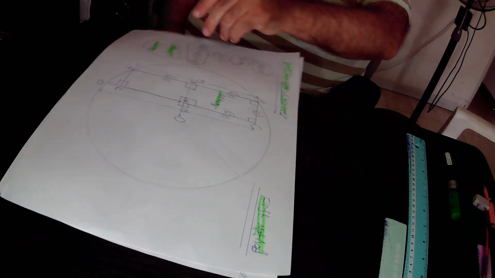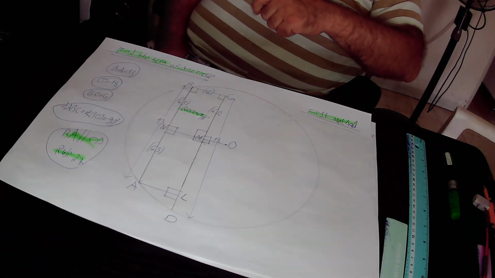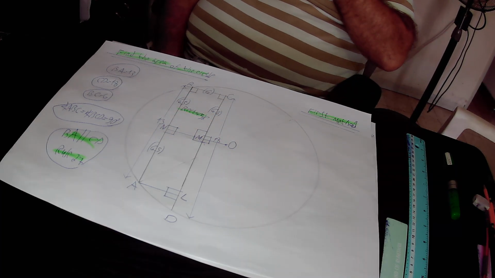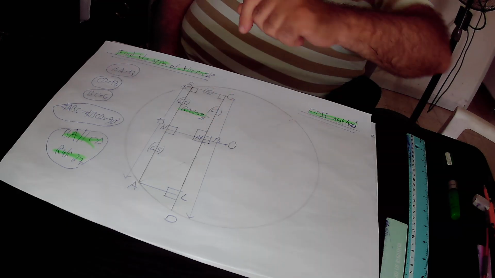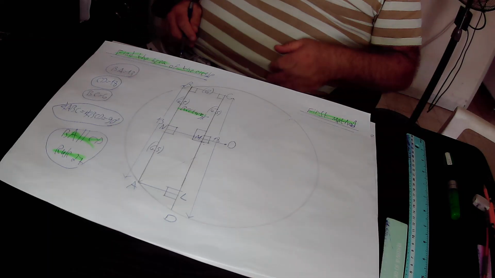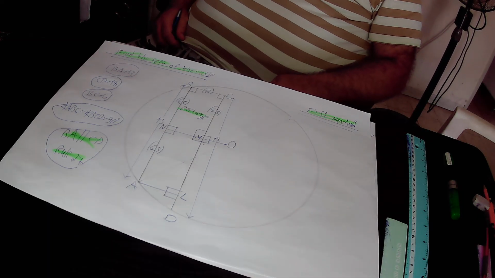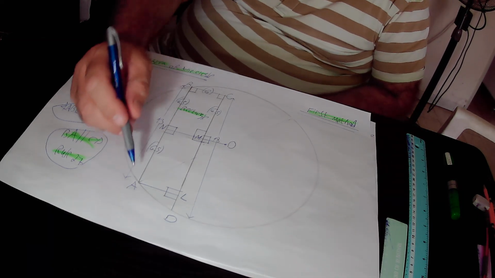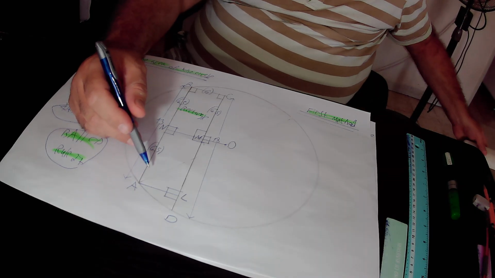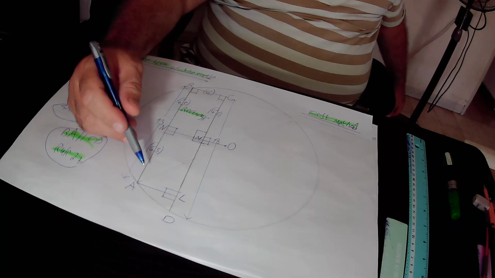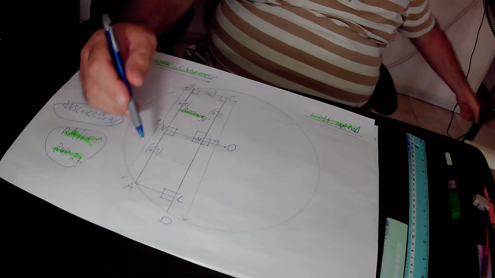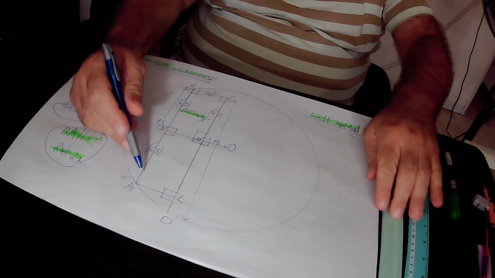By doing this construction, we created the quadrilateral MNLA. Inside quadrilateral MNLA, we have 1, 2, 3 right angles. The sum of 3 right angles is 270 degrees. So 270 degrees plus the size of this fourth missing angle, in total they must be equal to 360 degrees, according to the rule that the sum of the angles in any quadrilateral is equal to 360 degrees. And therefore this fourth missing angle must be equal to 90 degrees in its size.